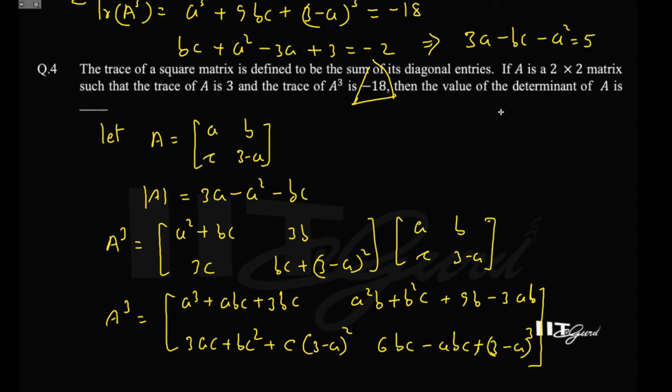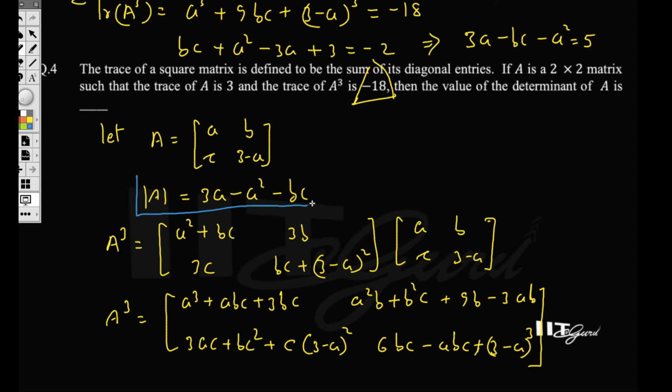So finally 3a minus bc minus a square is 5, and this is mod A. If you see here, this is mod A, whatever we have already solved, and that was 5. So finally, what we conclude over here is mod A equal to 5.